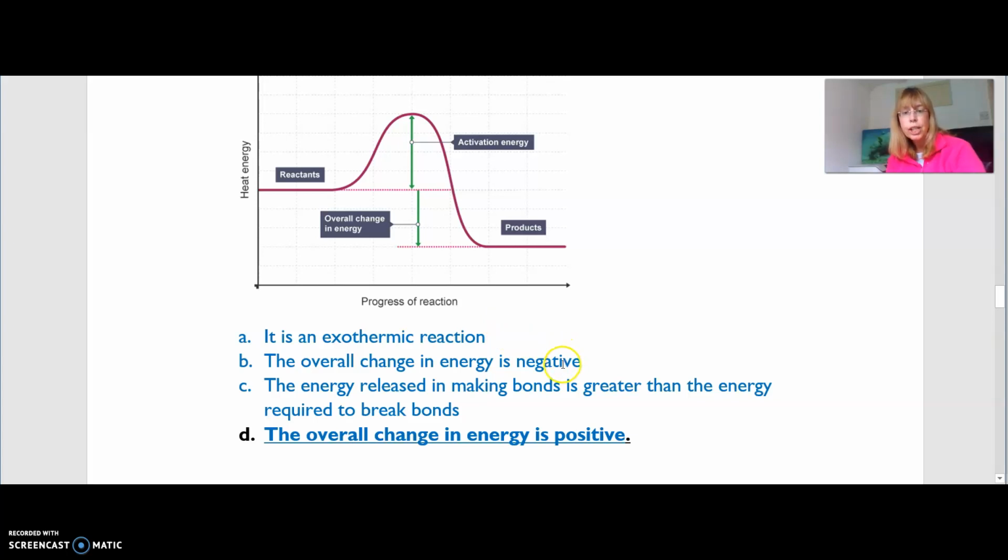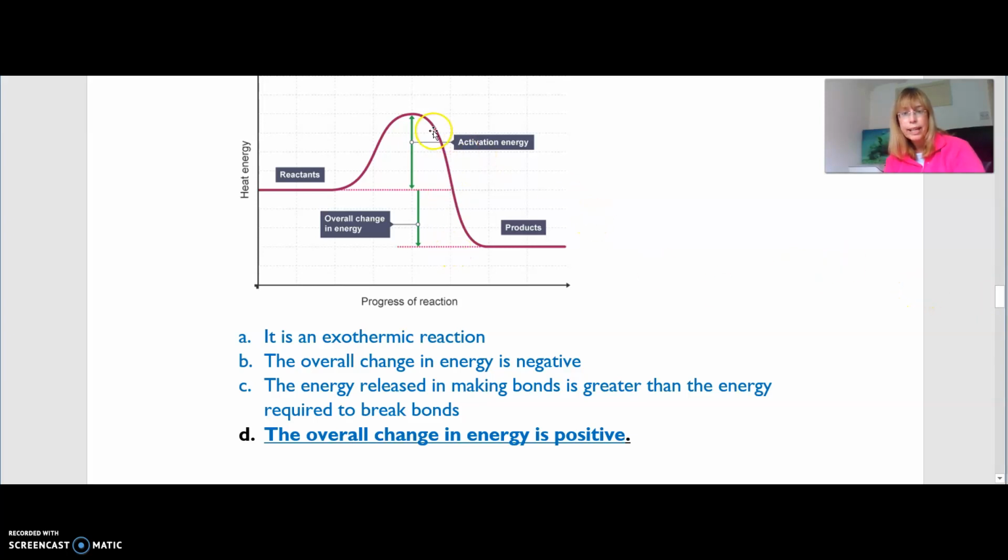The overall change in energy is negative. Yes, we know in exothermic it's a negative change in energy, and if we go products minus reactants, it's going to give us a negative number. So, for example, 2 minus 5, we get a negative number. The energy released in making the bonds is greater than breaking the bonds.